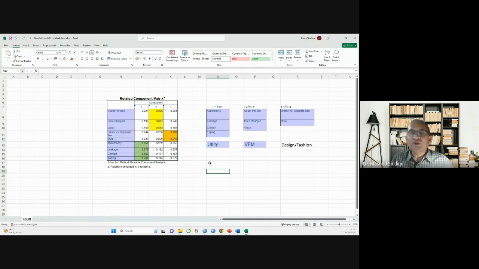The people who belong to the domain of consumer behavior or marketing may suggest other names also. Suppose the problem is related to economics, the people of economics may suggest some better name. So as per the domain knowledge, we put these names: utility, value for money, and design or fashion. These are the three possible names. Fine?